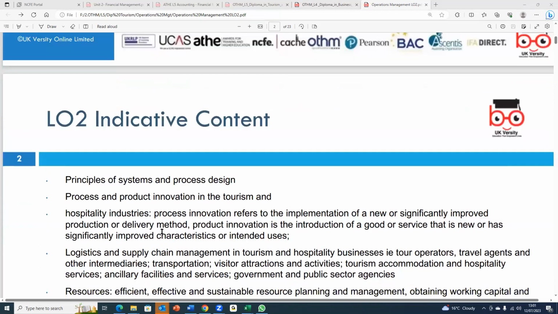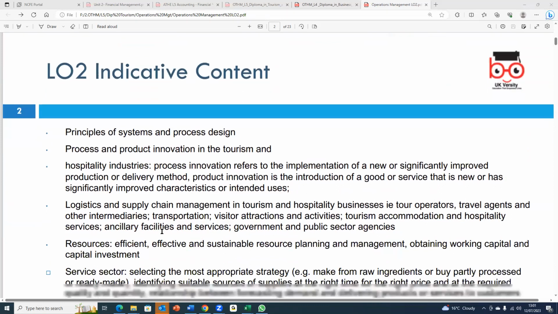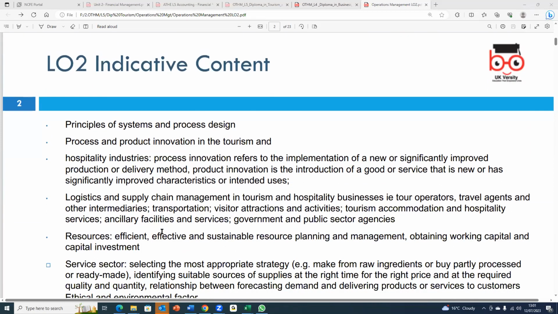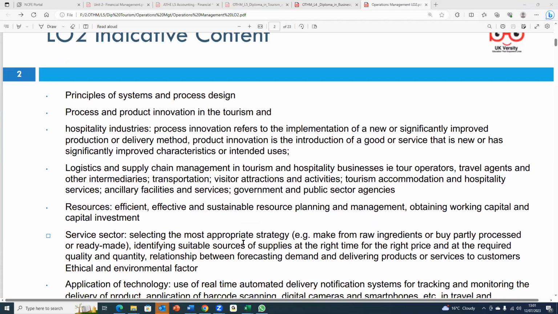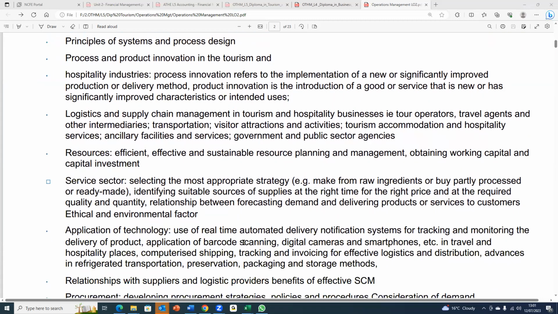Okay. What we'll be covering today is the principles of systems and process design. So the typical content of the LO2 would include processes and product innovation. It'll include logistics and supply chain management. It'll look at the resources, the effective use of resource planning, and the application of technology.